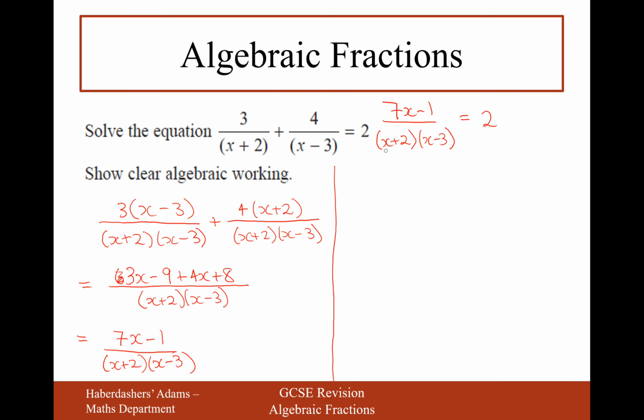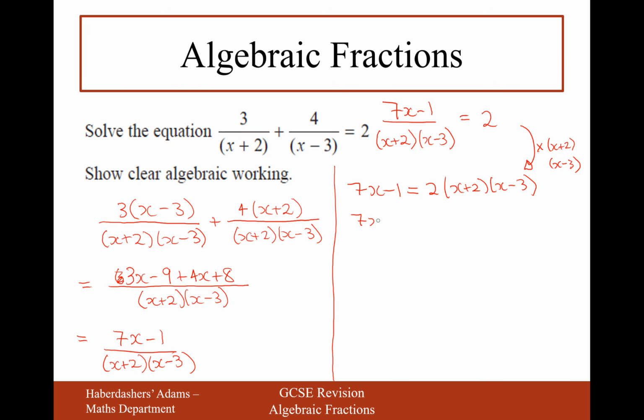Now to move this stuff onto the other side, we need to multiply it onto the other side. So I'm now going to multiply both sides by x plus 2, x minus 3. That's going to leave me with 7x minus 1 on the left, and that's going to equal 2 lots of x plus 2, x minus 3.